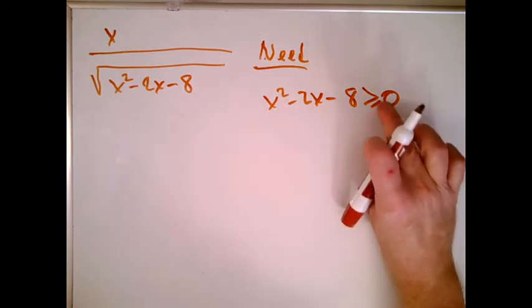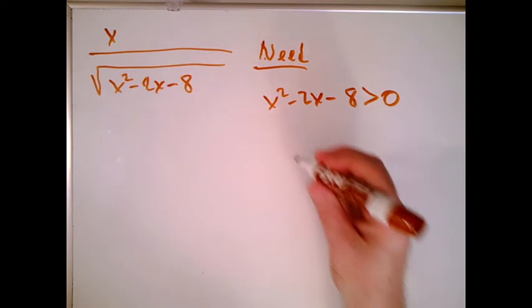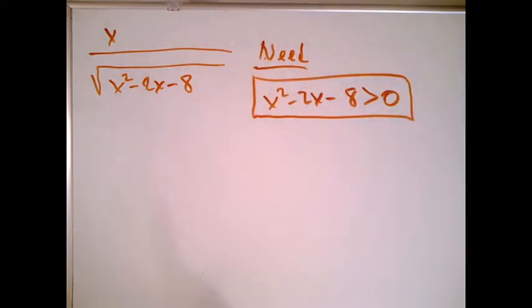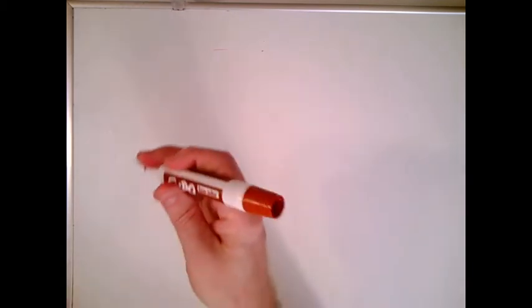And so what we need to find the domain is to solve that polynomial inequality algebraically. So I'm going to just solve that polynomial inequality algebraically, and we know then that we'll have our answer.